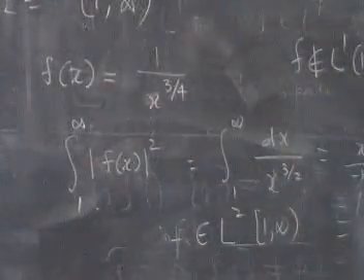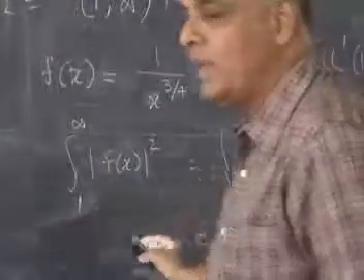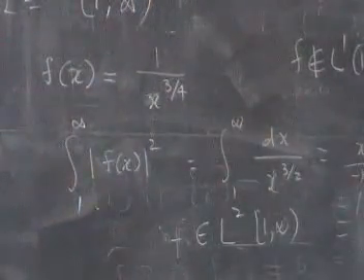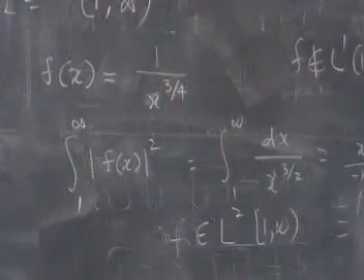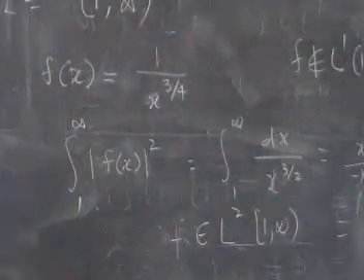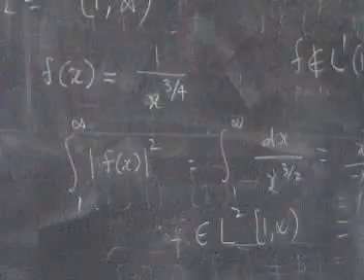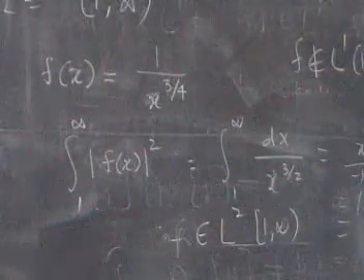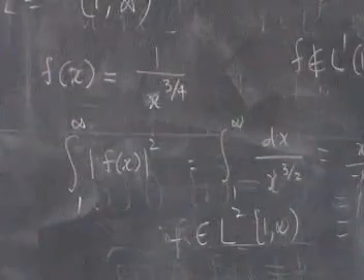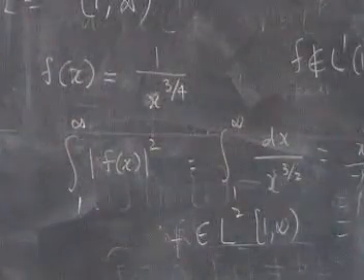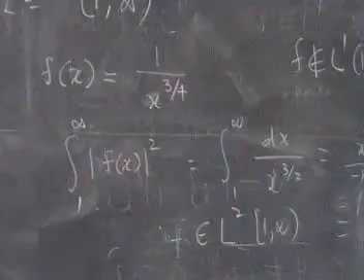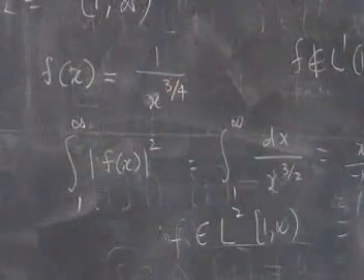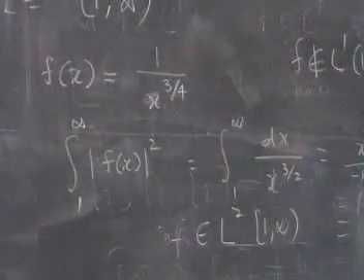So the crux of the matter is that in finite measure spaces, if p is less than q, L^q implies L^p. Whereas in infinite measure spaces, there is no such relation.